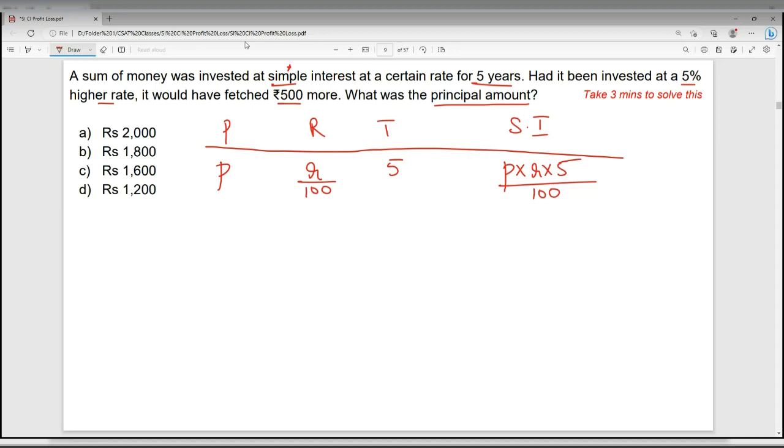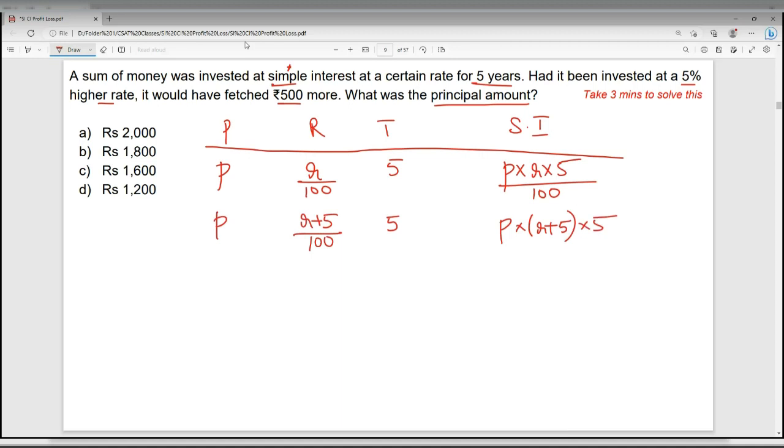Then they are saying that had it been invested at a 5% higher rate, it would have fetched 500 more. So the same principal amount, if it had been invested at 5% more, the rate is R plus 5, for the same number of years, and it would have fetched 500 more.